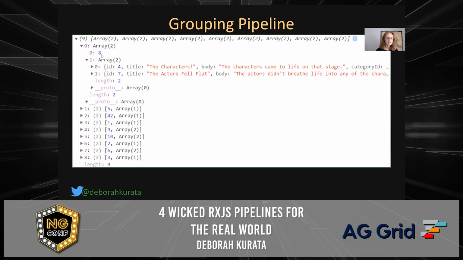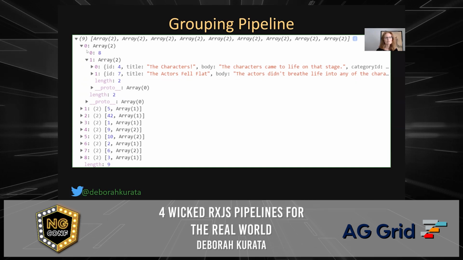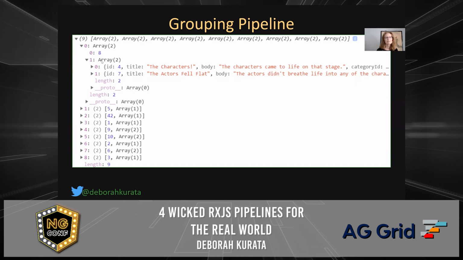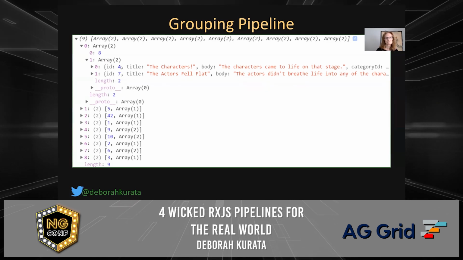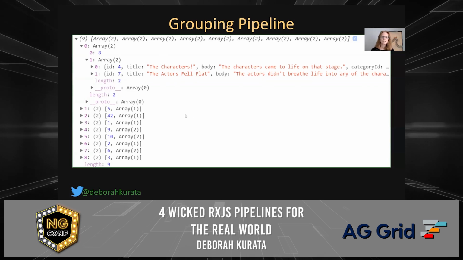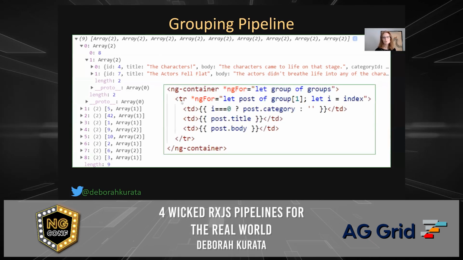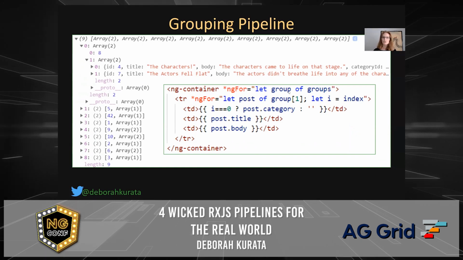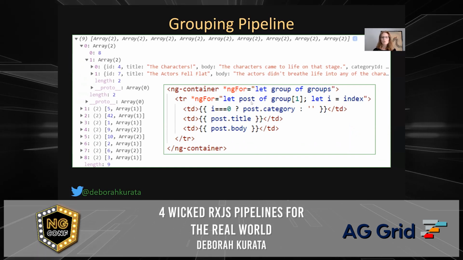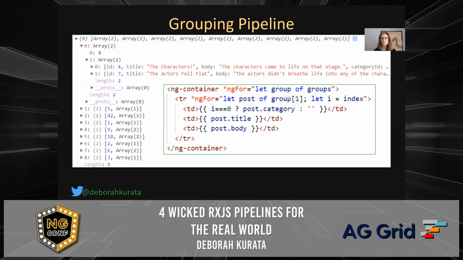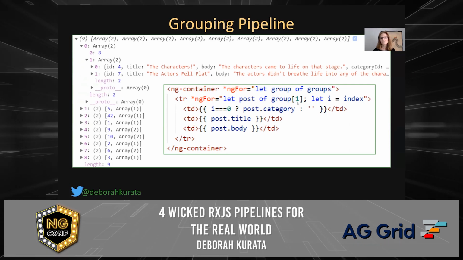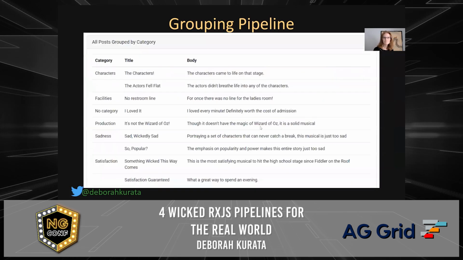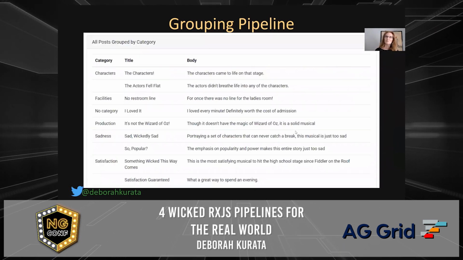If we dive into what each of these looks like, array element 0 is our category, and array element 1 is another array with our two posts in here. Then in our template, we can loop through these. We go through each group in our groups. Our post is in the second element, which is 0 based, so it's 1, and that's how we display our UI. And that leaves us with this.